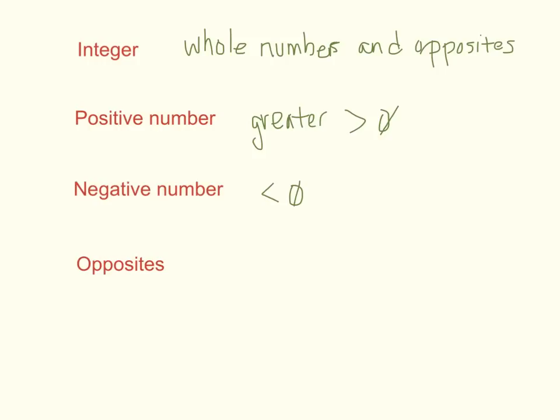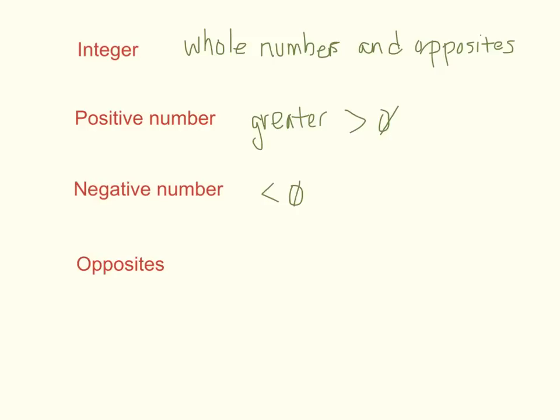That looks a little better. So greater than, less than. Anything that's greater than 0 is positive. No matter how big the number is, how small the number is, it's positive, as long as it's on the right-hand side of 0. If it's on the left-hand side of 0, it would be negative, no matter how large or how small of a number.